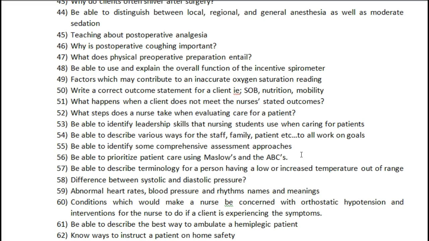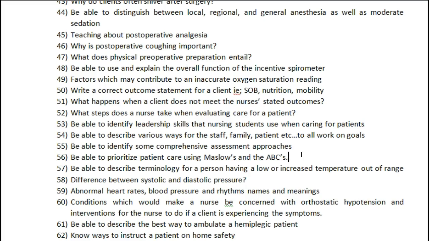You're going to prioritize based on the things that are most detrimental. If I give you a line of patients, I want you to be able to pick out which one you're going to take care of first.